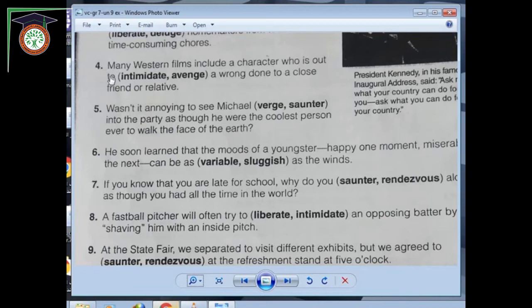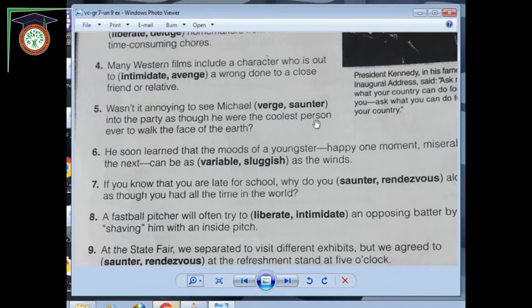Intimidate or avenge a crime or an injury to a friend. Avenge, alright? It's like revenge. Avenge a crime or avenge some injury done to a friend or relative. So it is avenge.